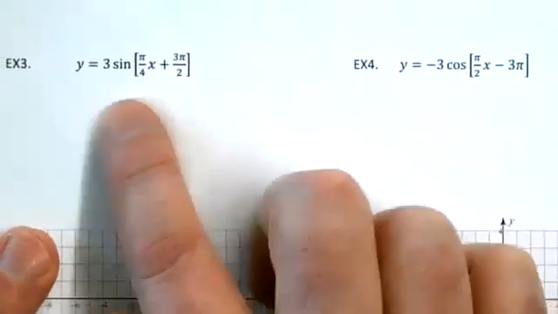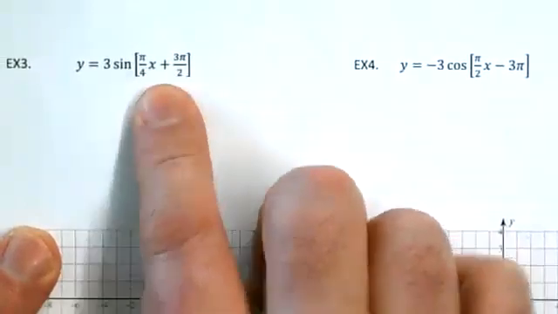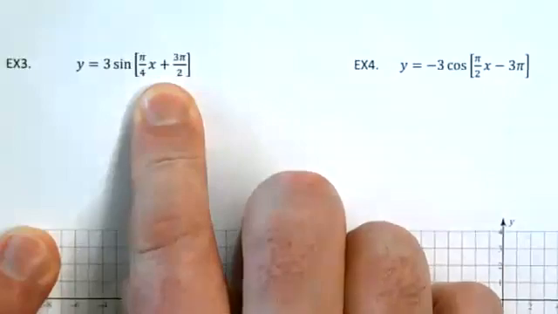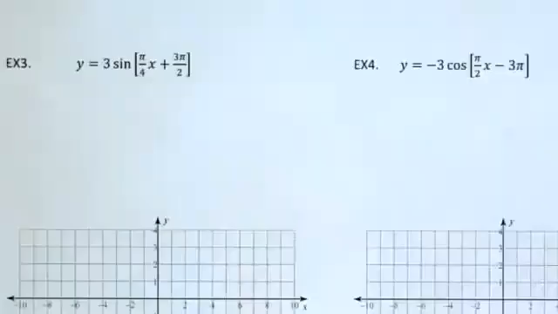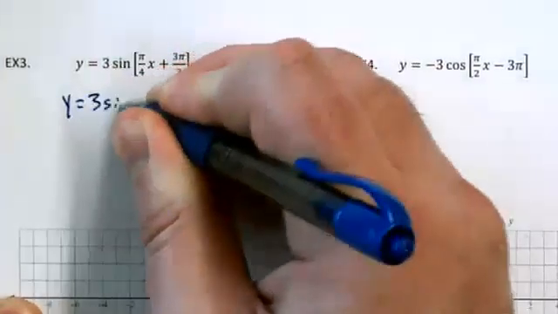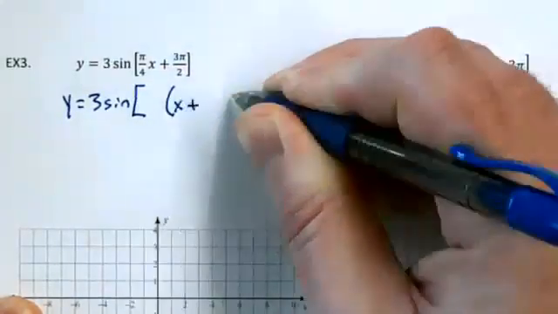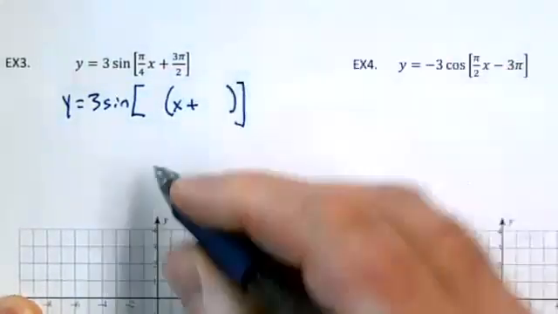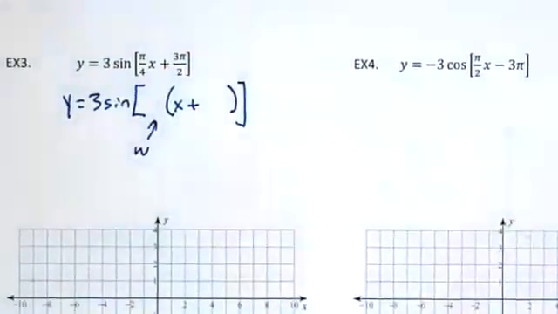I cannot look at this equation and tell you just yet what my left or right shift is. I can tell you it's going to be going to the left because it's plus, but I can't tell you how far it is. So I need to do a little bit of work to turn this into the format that I want to see, which is going to have a x in parentheses with omega sitting outside of those parentheses.